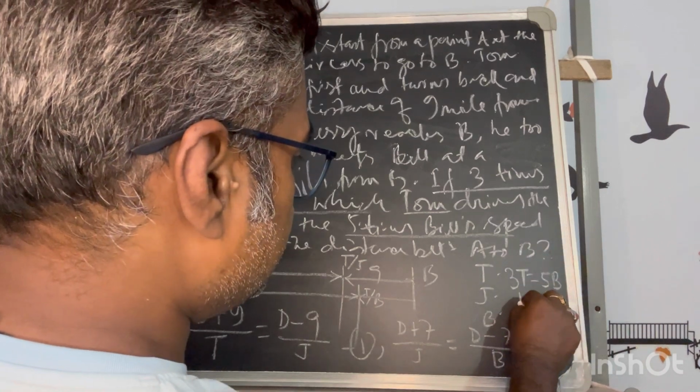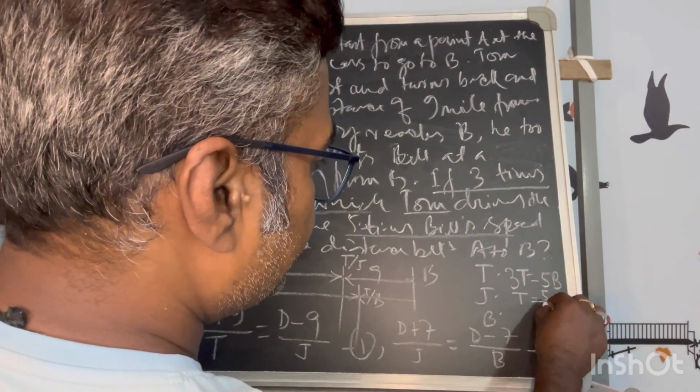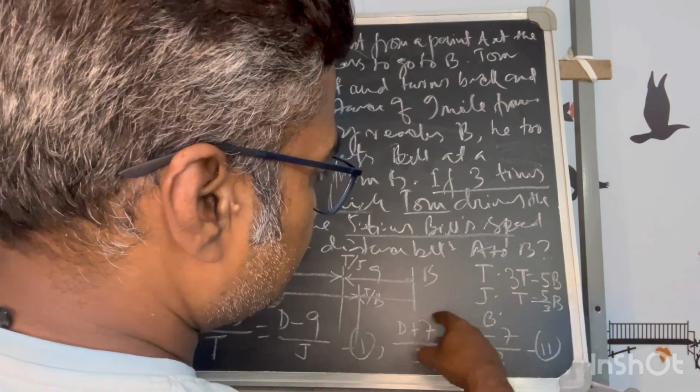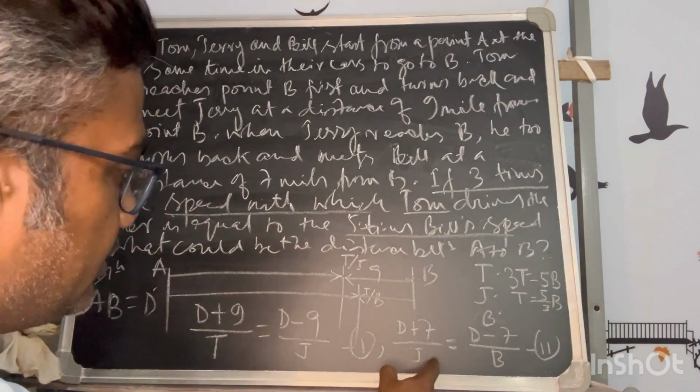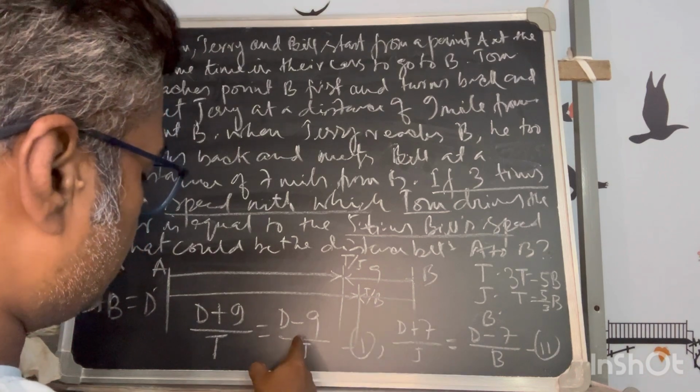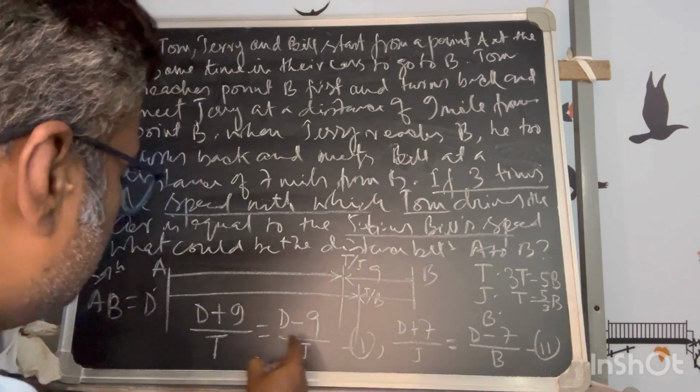So T is equal to 5 by 3 B. This is the first one. You can use it where T and B can be correlated. To correlate that, I have to eliminate J. So what is J?